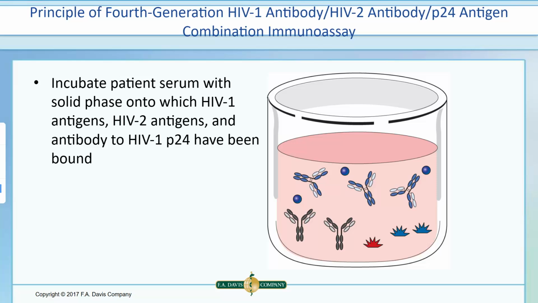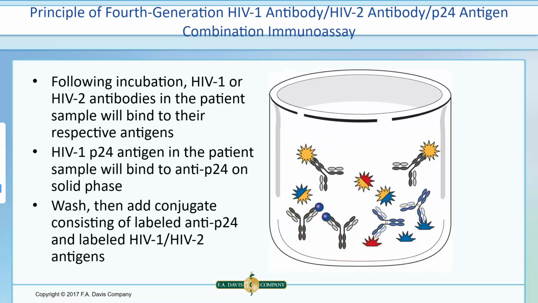The principle of the fourth generation HIV-1 antibody or HIV-2 antibody P24 antigen combination immunoassay: incubate the patient's serum with a solid phase onto which HIV-1 antigens, HIV-2 antigens, and antibody to HIV-1 P24 have been bound. Following incubation, HIV-1 or 2 antibodies in the patient sample will bind to their respective antigens.